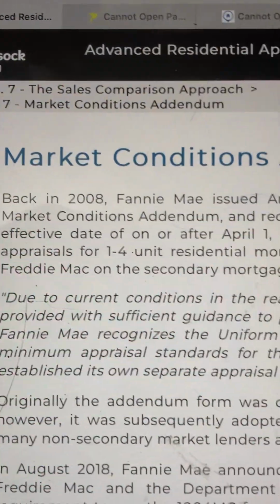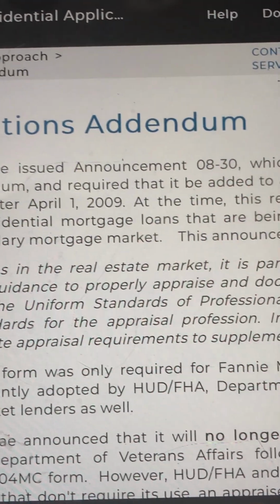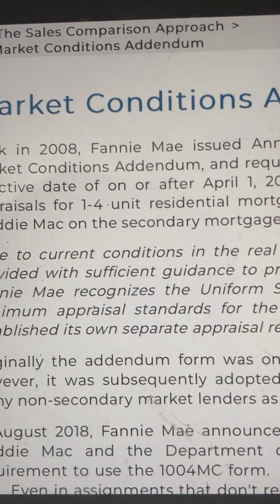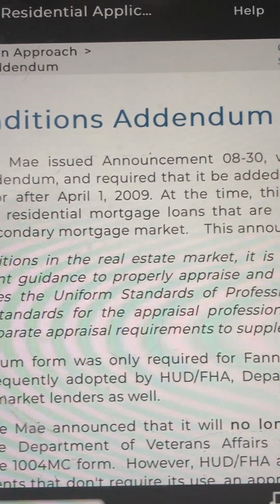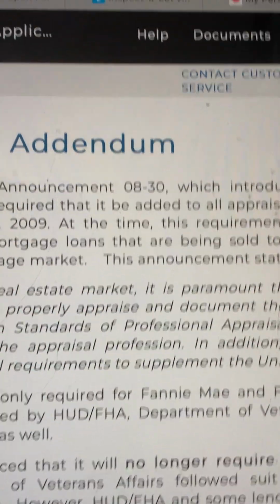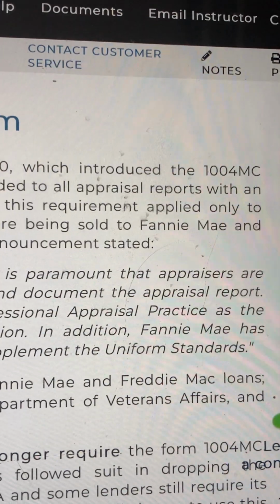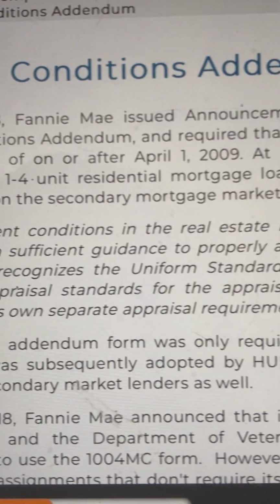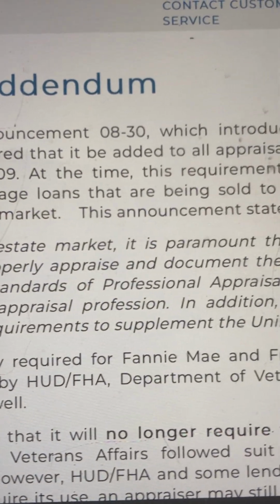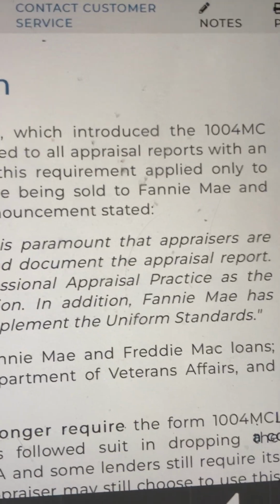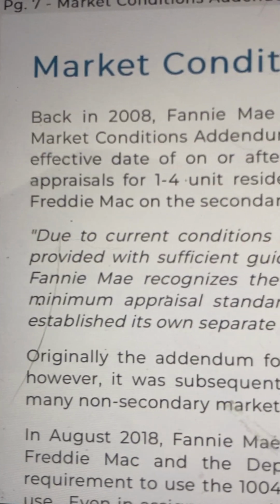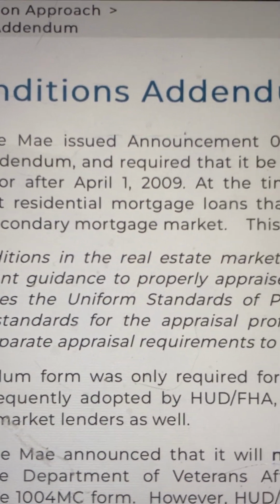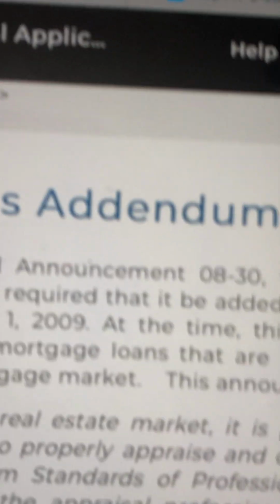Page 7. Market conditions addendum. Back in 2008, Fannie Mae issued Announcement 08-30, which introduced the 1004-MC Market Conditions Addendum and required that it be added to all appraisal reports with an effective date of on or after April 1st, 2009.